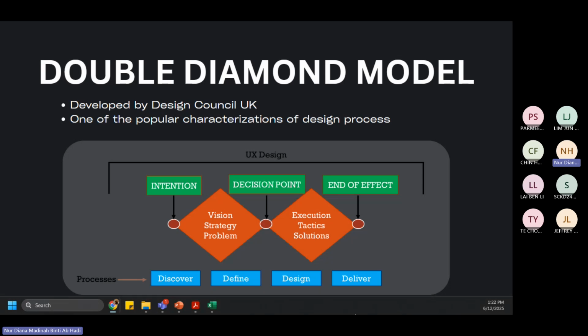The people who will use the system are represented by personas. These personas are the profiles of the people. It can be their types, their archetypes, the people that we design for.